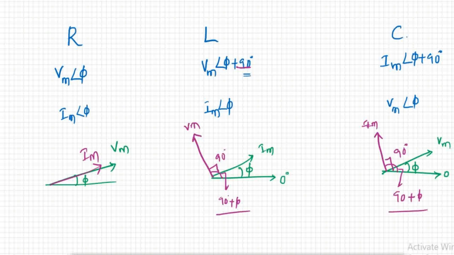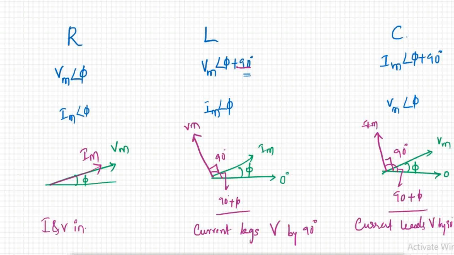So I can say that for an inductor, the current lags the voltage by 90 degrees; for a capacitor, the current leads the voltage by 90 degrees; but in case of a resistor, current and voltage are in phase. In phase means there is no phase difference, 0 degree phase difference. So this is about phasor representation of the basic elements: resistor, inductor and capacitor. Okay, thank you.